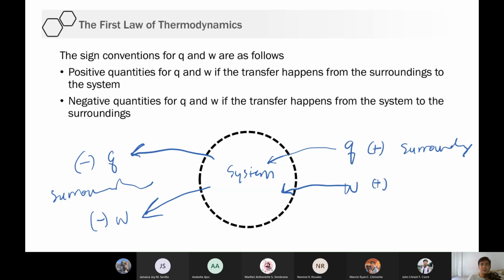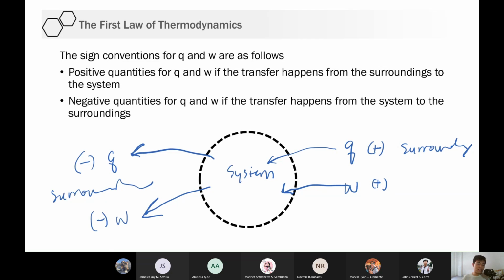Okay? So let's think. Suppose I heat the system, that's positive Q, because I added energy to the system. The system absorbed energy. So whenever there is addition of energy to the system, that is positive in value.